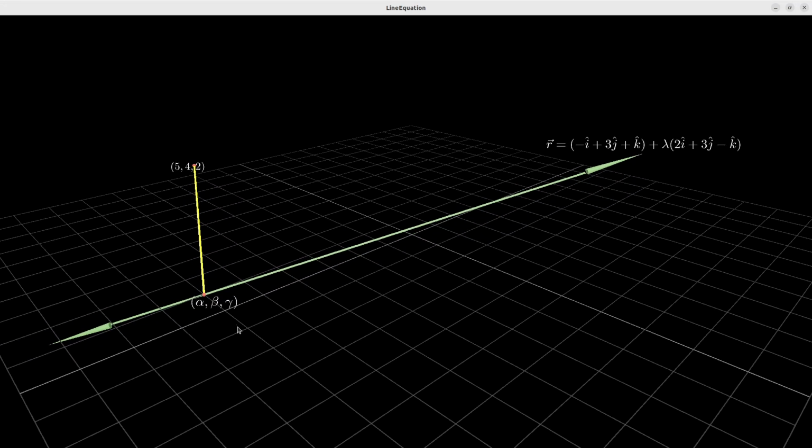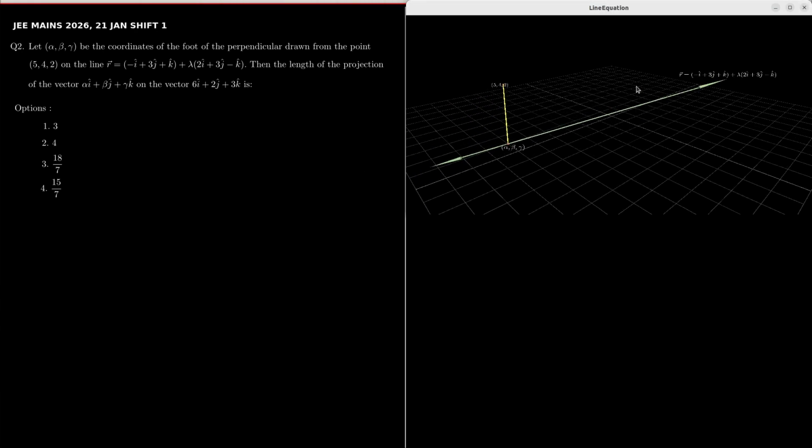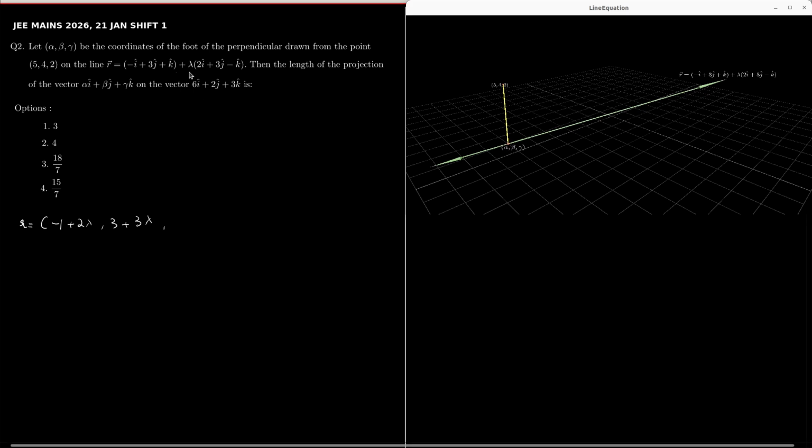Now let us solve to find alpha, beta, gamma. So line R is like this. We can also write line R in another form: minus 1 plus 2 lambda, the y coordinate will be 3 plus 3 lambda, and 1 minus lambda.